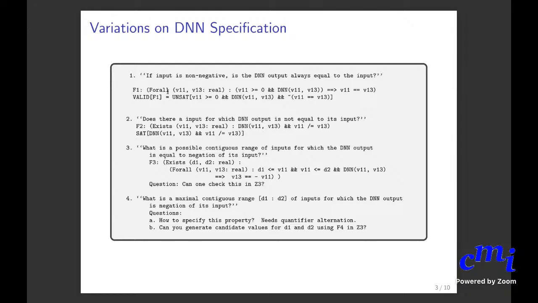That is, for all values V1 on inputs and output V3, 3 variables denoting the input and the output value, if some input condition holds good and V3 is the output for the input V1 as per the way that the model has defined the DNN, then you want V1 to be equal to V3.